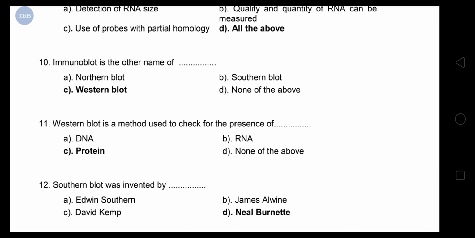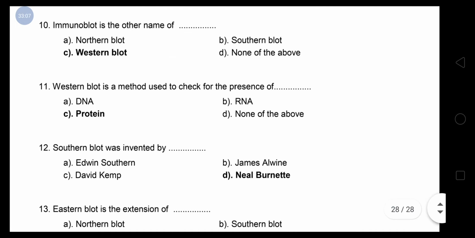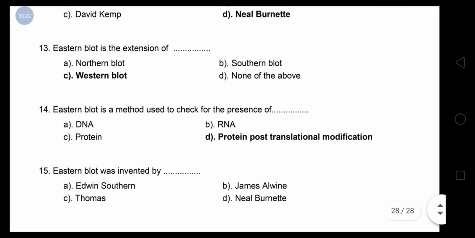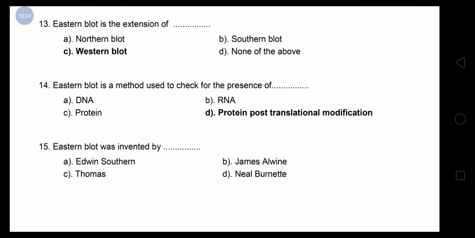Immunoblot is the other name for Western blot because here protein analysis is carried out. Western blot is a method used to check the presence of protein. Then Eastern blot is the extension of Western blot. Northern blot is the extension of Southern blot.